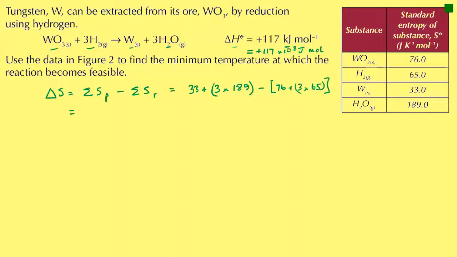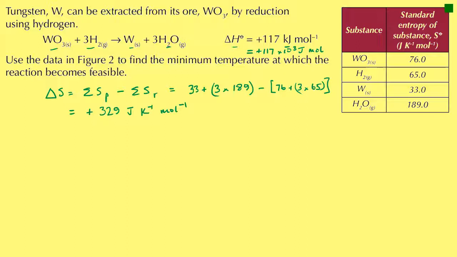When we do that little calculation, the change in entropy comes out at a positive 329 joules per Kelvin per mole. So first job done, and the second job is to find the boundary temperature.